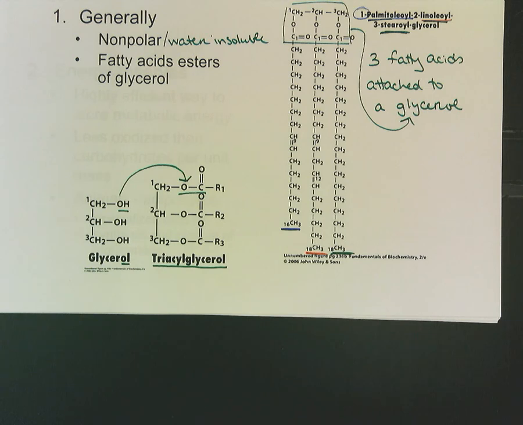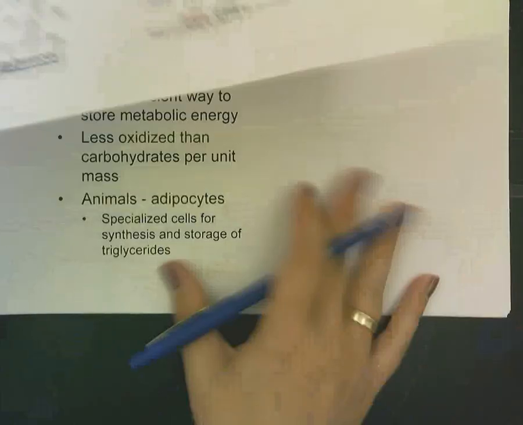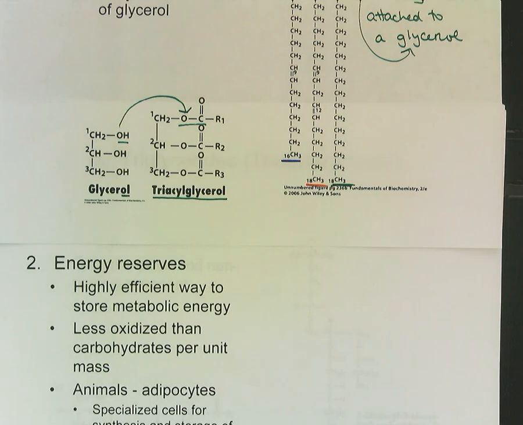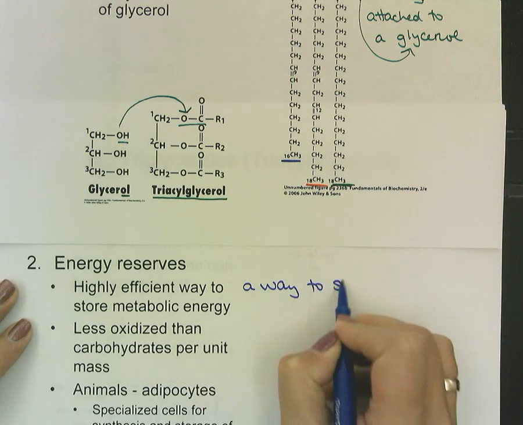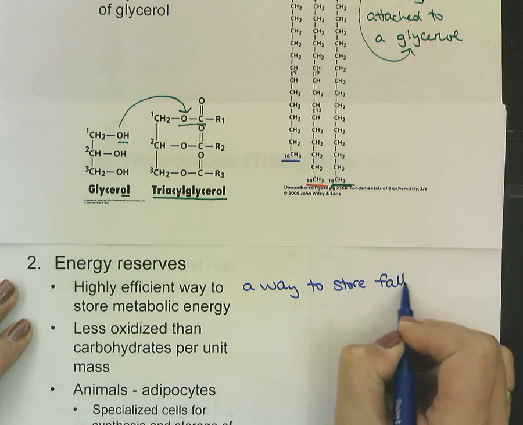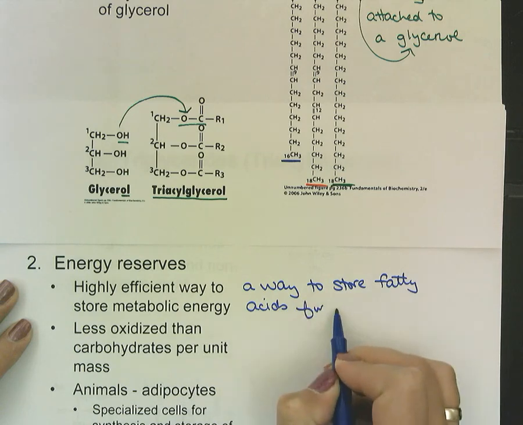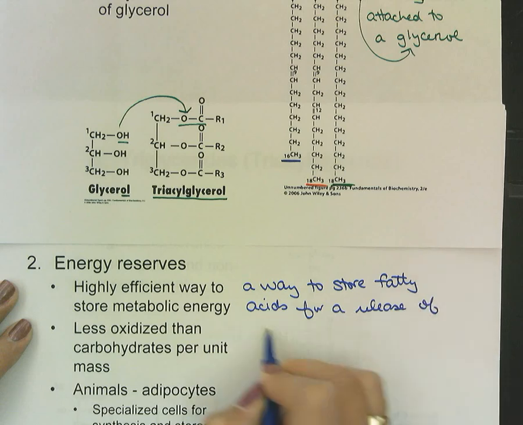So, why do we need triglycerides in our food system? We use them as our energy reserves. This is how you store energy in your system. There's a way to store fatty acids for a release of energy later.